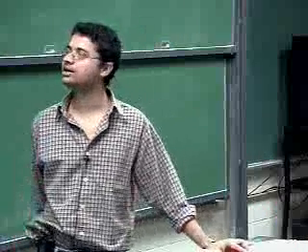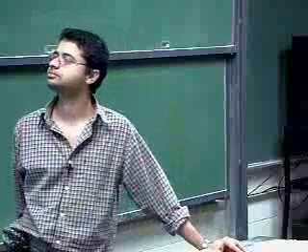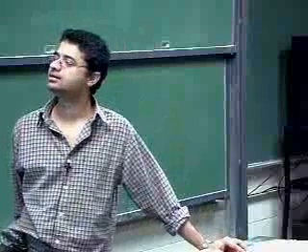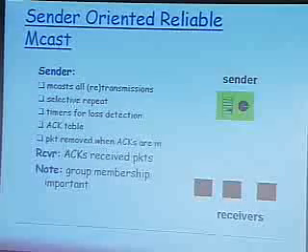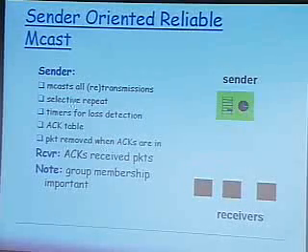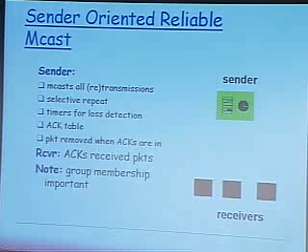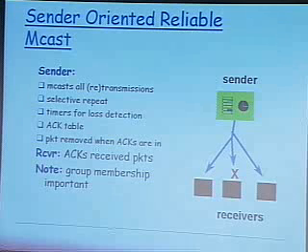So if you have sender oriented reliable multicast, then the sender will multicast all retransmissions. It implements selective repeat, and timers are used for loss detection. In this scenario, you have ACKs. So you're not using NACKs. The sender sends the packets out.